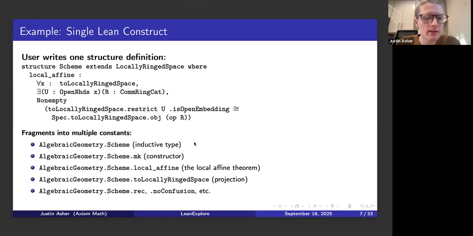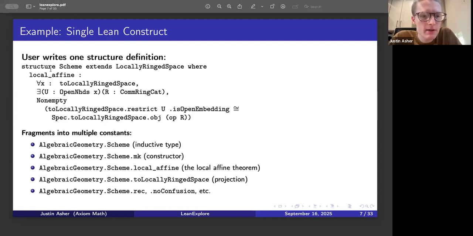Okay, so there was one problem I incurred, which was when I was extracting data in Lean. I was actually extracting data from the compiled files, which maybe it's probably better to write a parser on the info tree in Lean. But when you write something in Lean, you actually get multiple constants that are generated from a single statement. So here's an example.